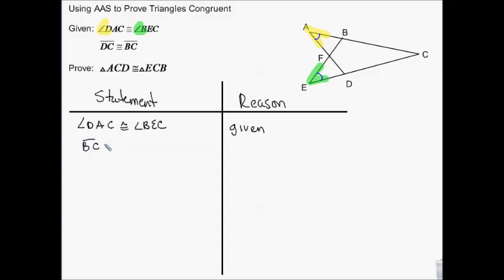And I've got BC is congruent to, sorry, DC, not BC. Although I guess it doesn't matter. Also given. So BC is this length right here, congruent to this length right here.